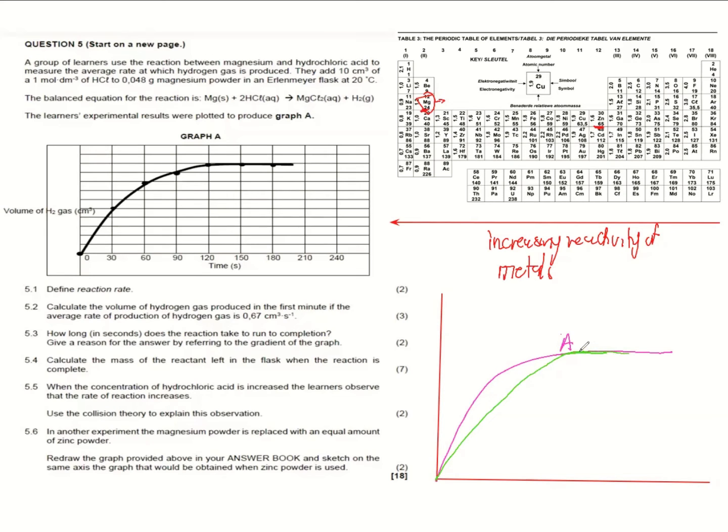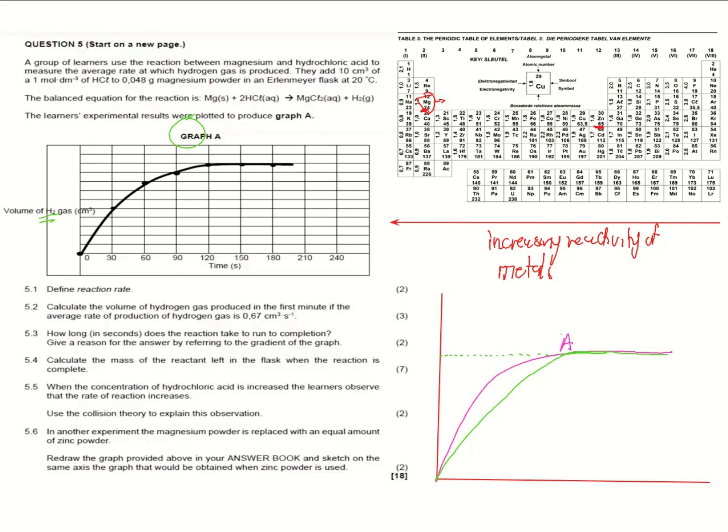So note that the value in which the reaction comes to completion, which is the volume of hydrogen gas produced, will still be the same. Because remember, increasing the rate of reaction or lowering the rate of reaction does not necessarily decrease or increase the products that will be formed, right? So it's just a matter of graph A will just reach completion much faster than graph B, right?